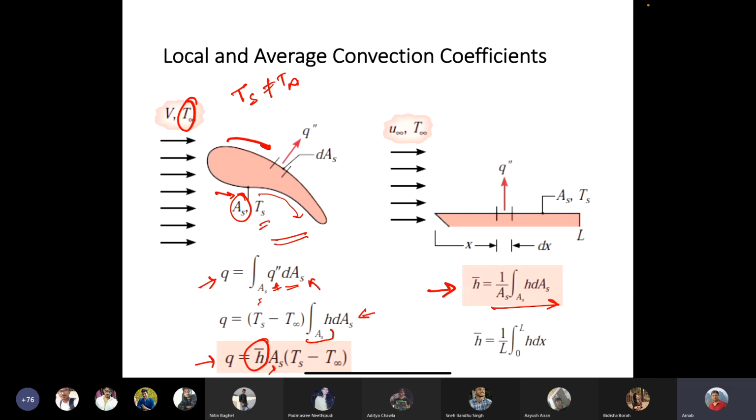Fine. Now this is for any arbitrary surface area As. The situation simplifies if the surface area is, say, a flat plate. Then this varies only with the distance x from the leading edge. Leading edge means the first point of contact of the surface with the free stream.